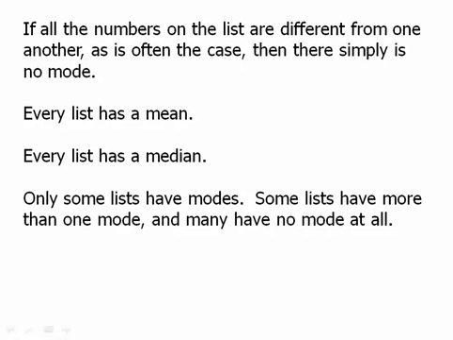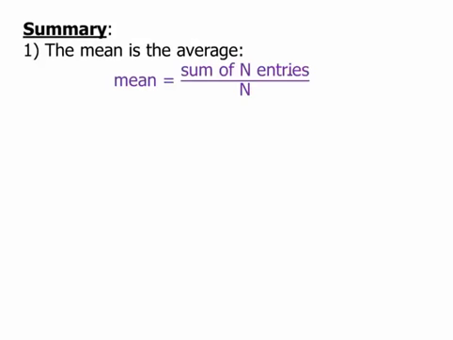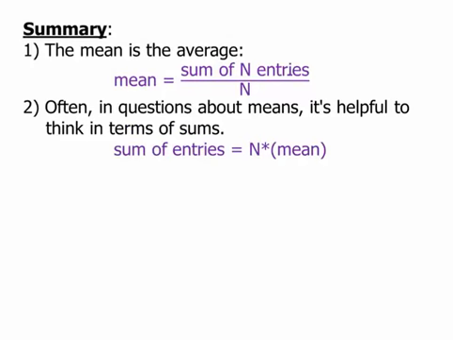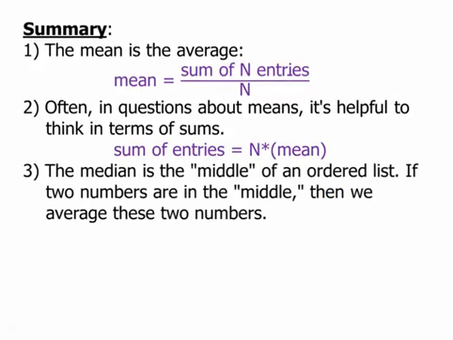In summary, the mean is the simple average. Often in questions about mean, it's helpful to think in terms of the sums. So the sum of the entries equals the number of entries times the mean. We just rewrite that formula at the top to get this. The median is the middle number of an ordered list.